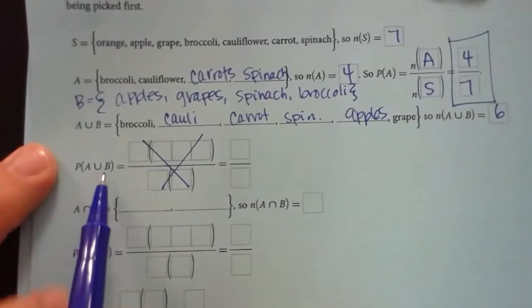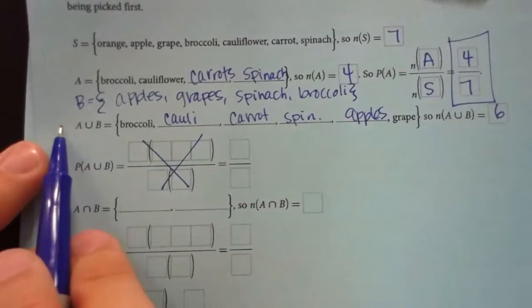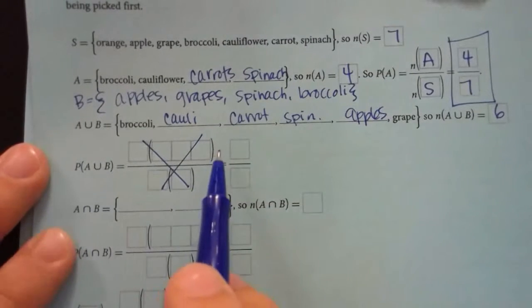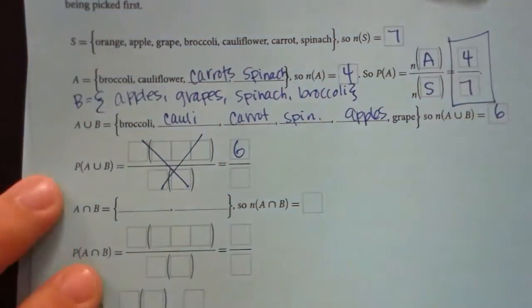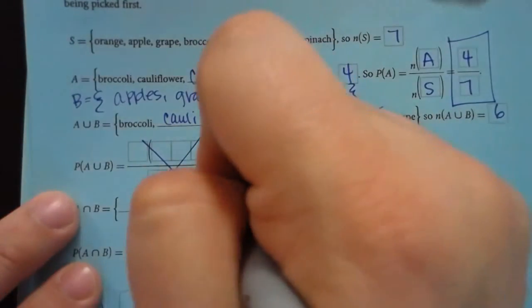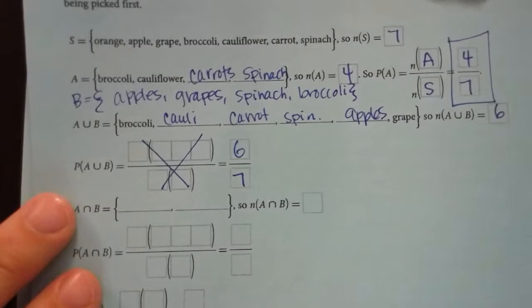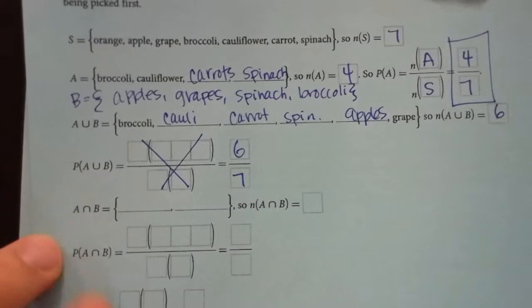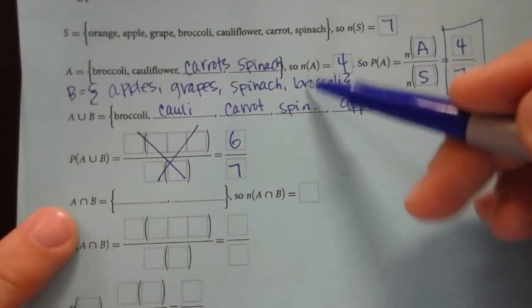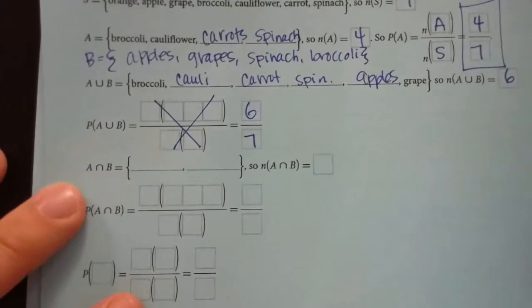So if I want to know the probability of picking one of the items from my union list, how many are there? 6 in the list. Out of how many total? 7. That's all. If I'm talking intersection, what's the overlap between those two? What are the duplicates?